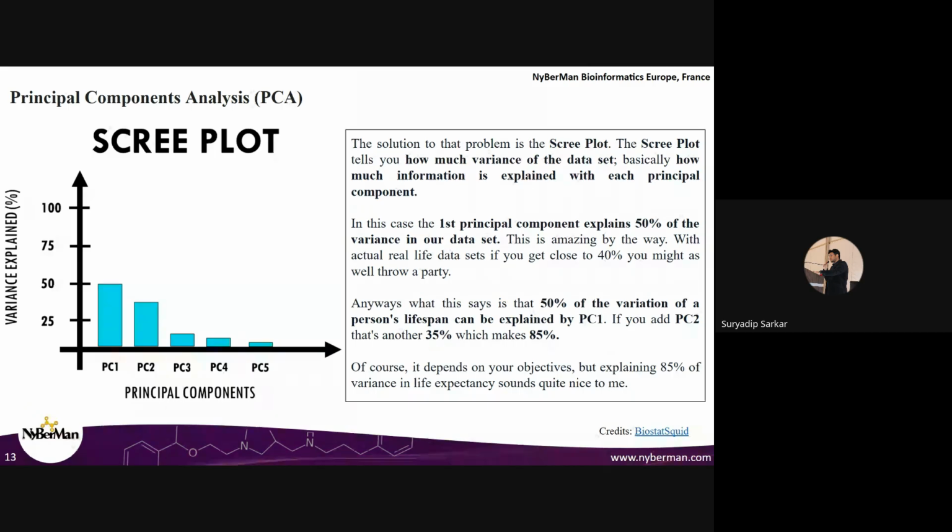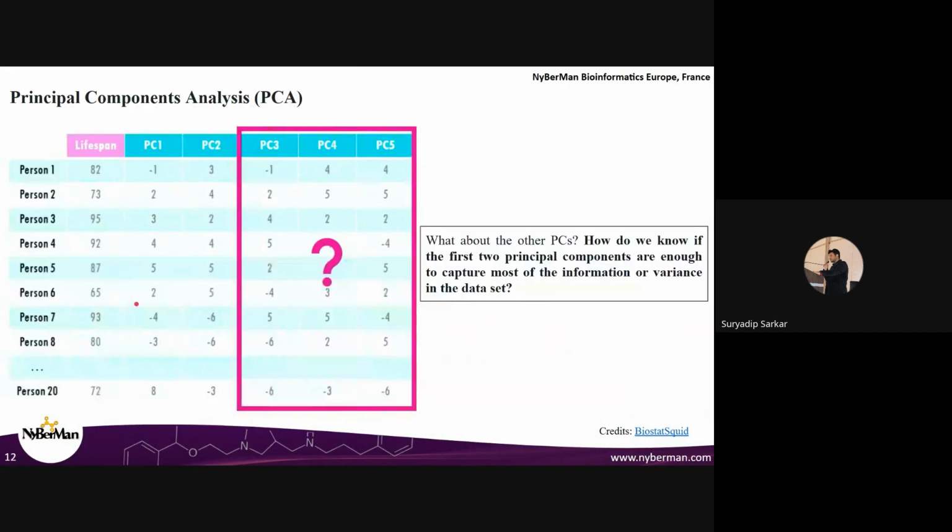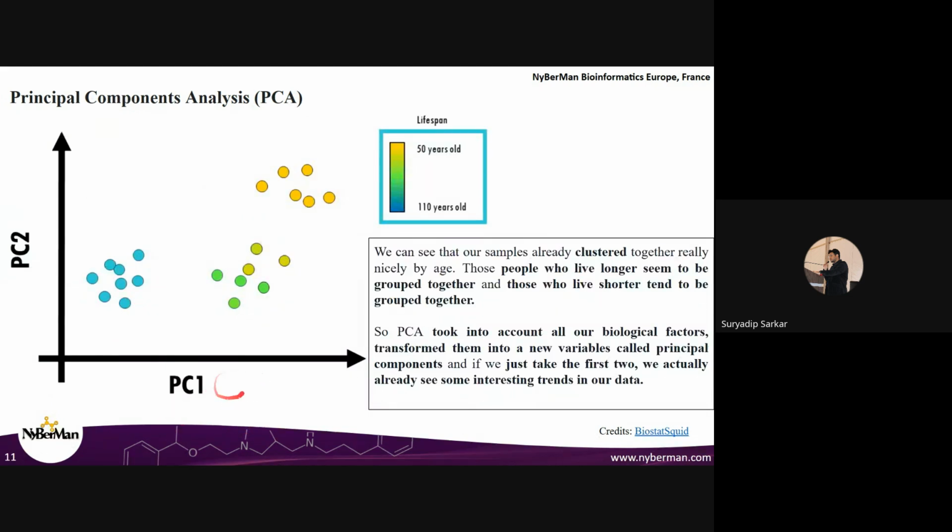So basically, if you add PC2 to it, for example, you can see here it is somewhere around 35. So in this plot, this axis is taking up 50% of the separation power, so to speak. This axis is taking up 85% of the separation power, so to speak.